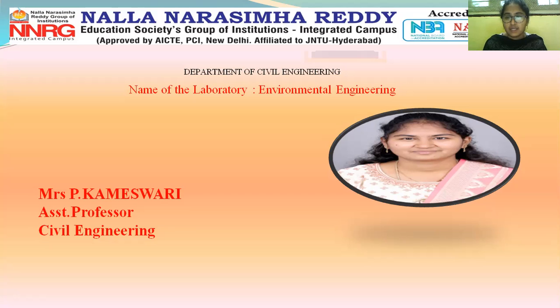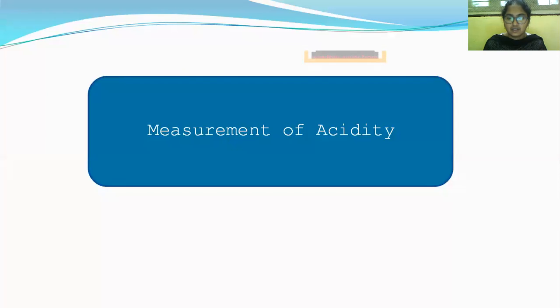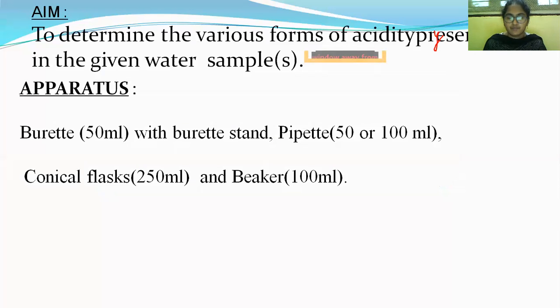What are the apparatus required for determination of acidity? To determine the various forms of acidity present in the given water samples, the apparatus required are quite simple.